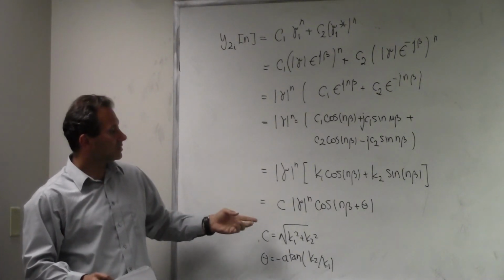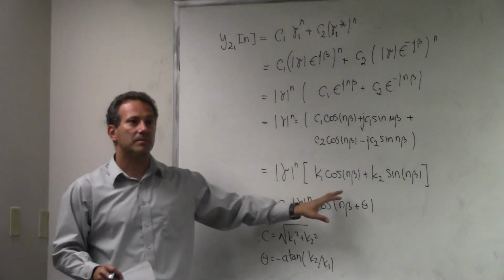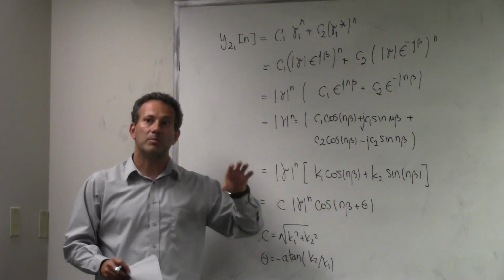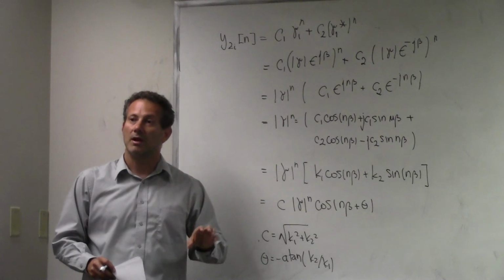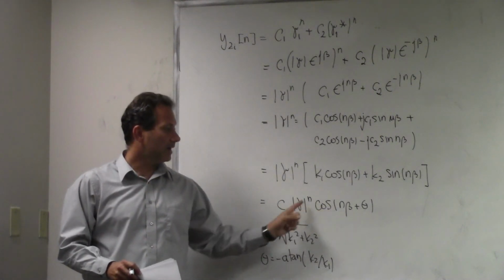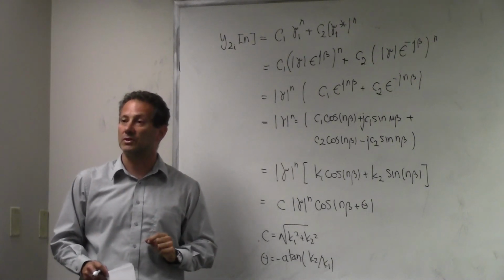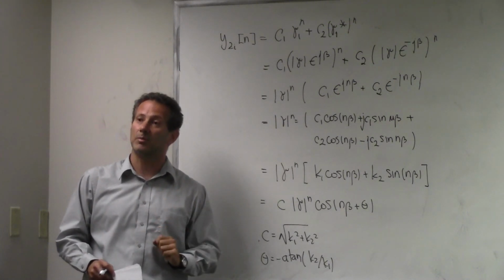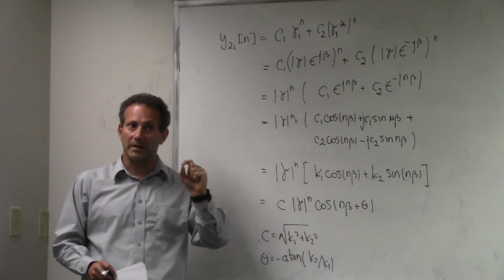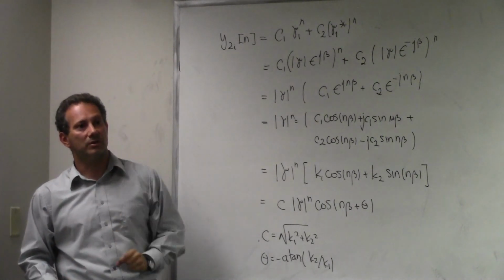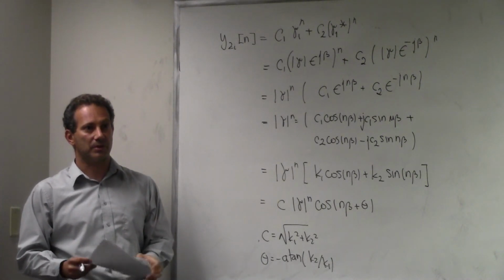So it will always be some C's and some thetas that depend on the particular initial conditions. But the beta and gamma are going to be the signature of the system itself, because they're roots of the characteristic polynomial. They can ultimately be traced all the way to the difference equation that describes this particular system.